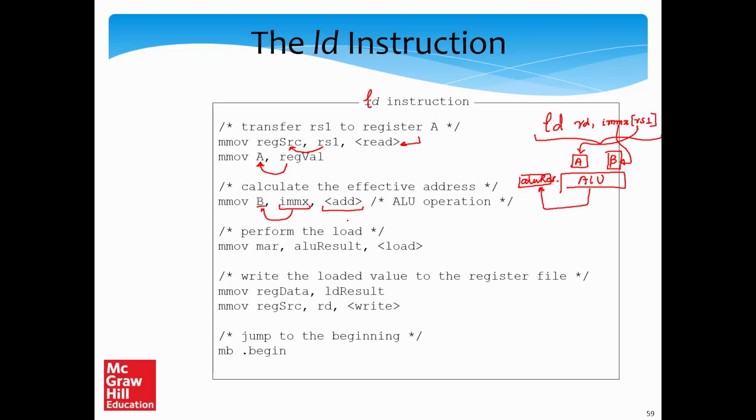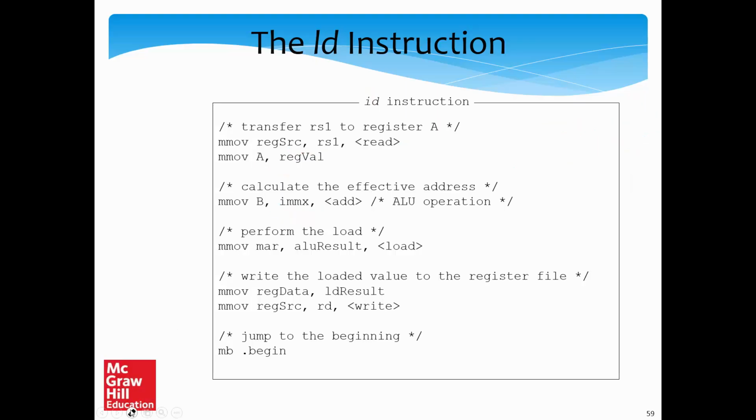So now, using the shared bus, we will transfer the address, ALU result, to the memory unit. Recall that in the memory unit, maybe let me just erase and redraw. Let me erase all of it. So recall that in the memory unit, we have the data memory.